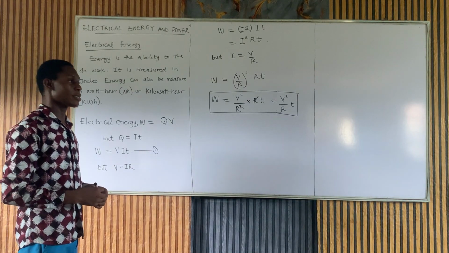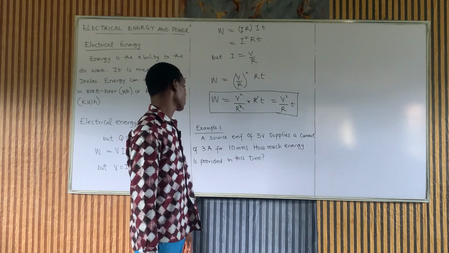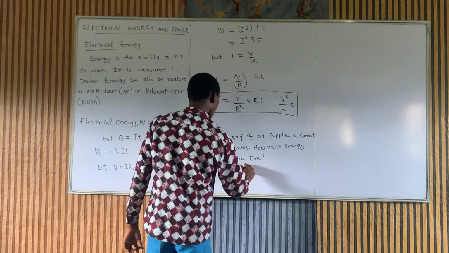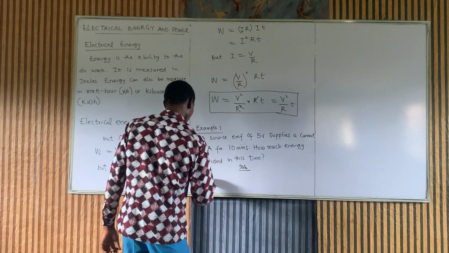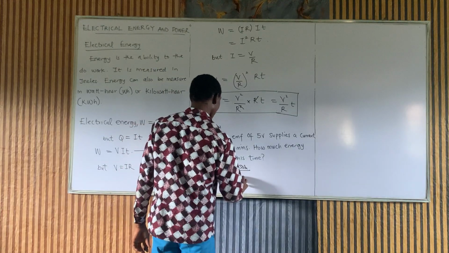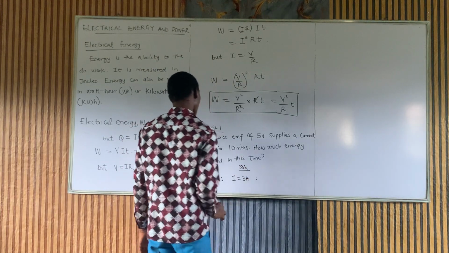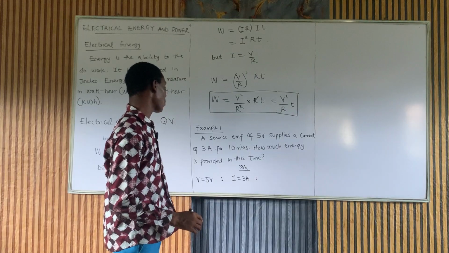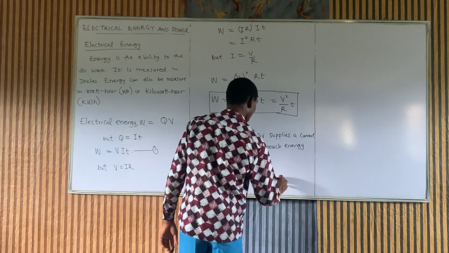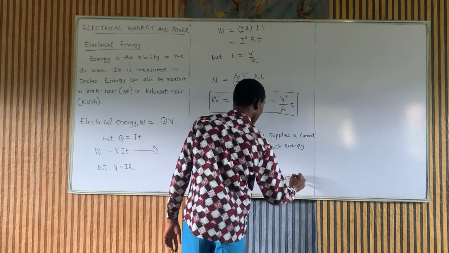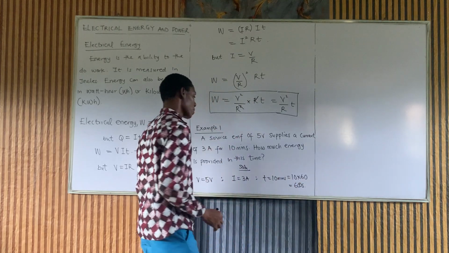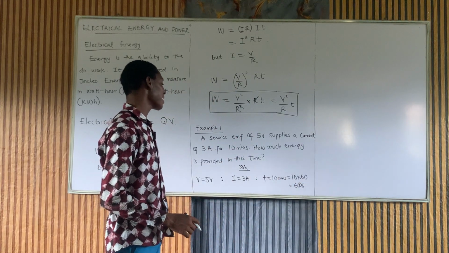Let's take some questions on this now. Example 1. A source EMF of 5 volts, so we're given our V, 5 volts, supplies a current of 3 amperes, that's our I, and then how much energy is provided in this time, for 10 minutes, that's the time. Actually, we have to convert this to seconds. That is 10 times 60, and that will be 600 seconds. So the question is, how much energy is provided in this time?